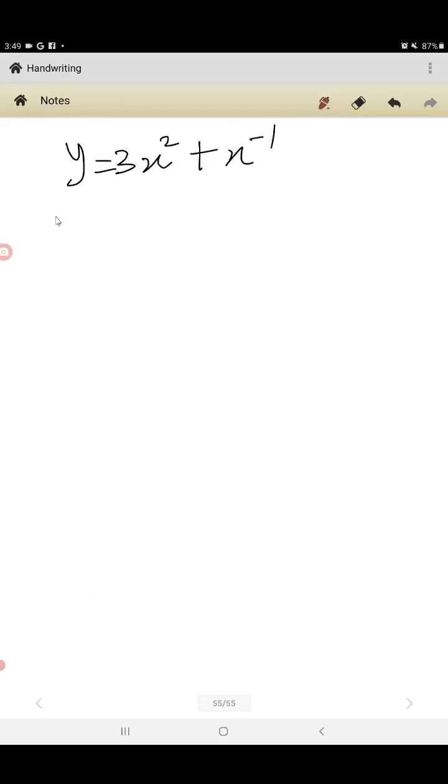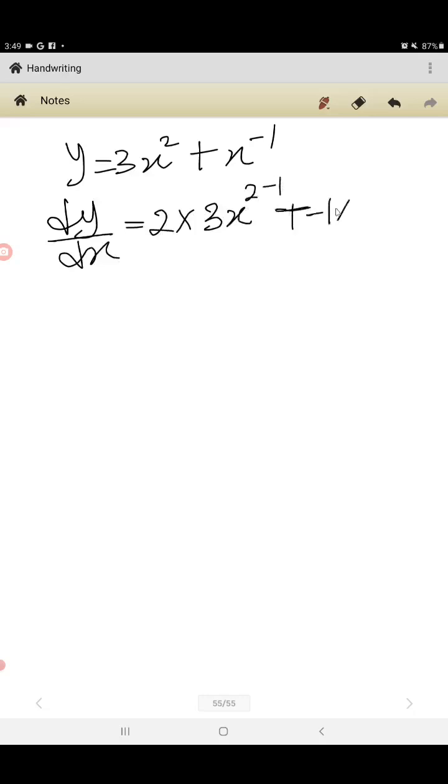Let's differentiate with respect to x, which will be 2 times 3x raised to power 2 minus 1, plus minus 1 times x raised to power minus 1 minus 1, which will give you 6x raised to power 1, plus times minus will give you minus x raised to power minus 2.